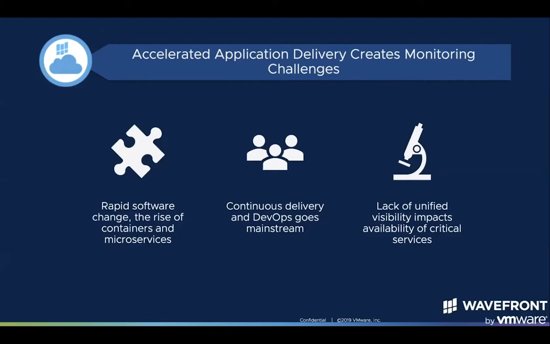There are obviously many challenges in this very agile and dynamic nature. One of the things that we want to focus on in this webinar is the lack of unified visibility. That's affecting and impacting many of the critical services being pushed at a very fast pace.